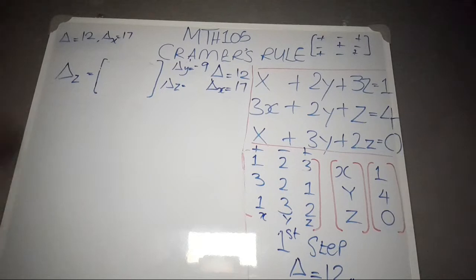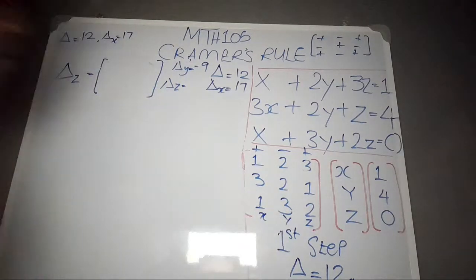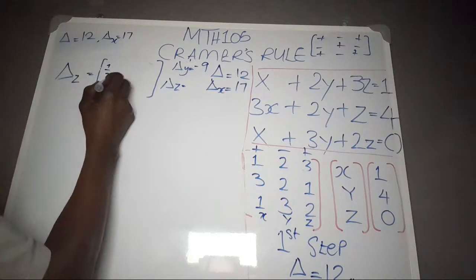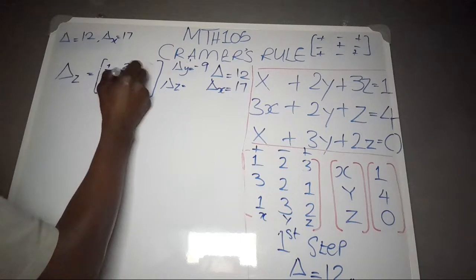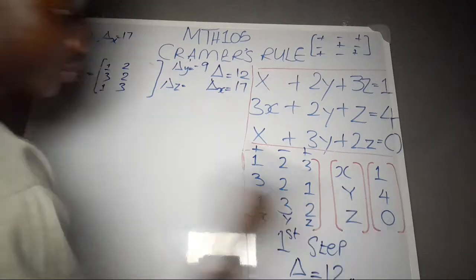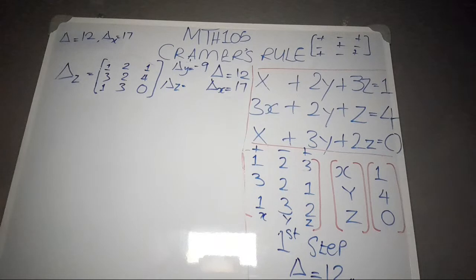So for z we have this. We say x stands for 1, 3, 1. Y stands for 2, 2, 3. Then z is what we switch, which is 1, 4, 0.